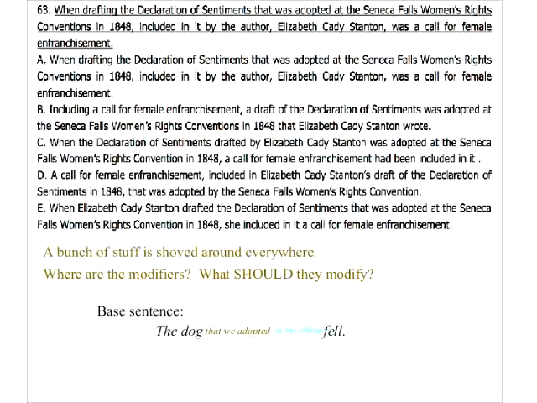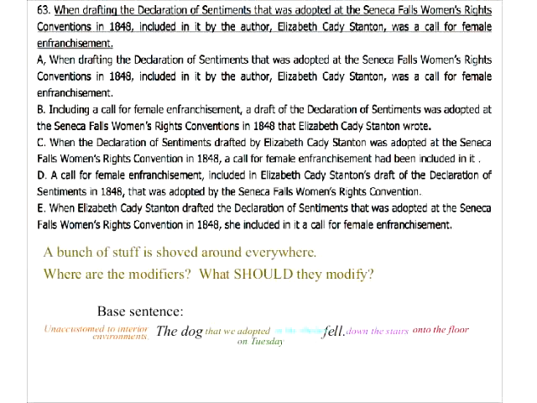The dog that we adopted at the shelter on Tuesday fell. The dog that we adopted at the shelter on Tuesday fell down the stairs onto the floor. And then you could even have an initial modifier thrown in there too, like unaccustomed to interior environments, or to indoor environments or whatever.